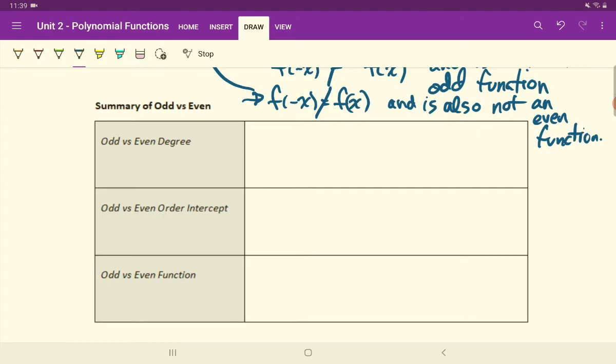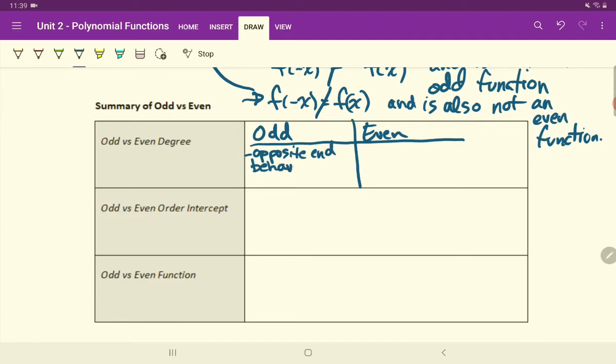All right, so summary of odd versus even degree. Let's summarize this quick. An odd degree equation has opposite end behaviors, whereas an even degree equation has the same end behaviors.